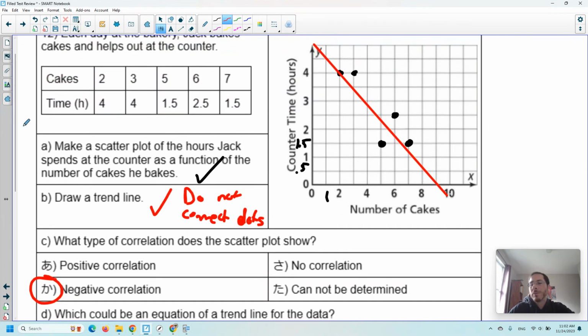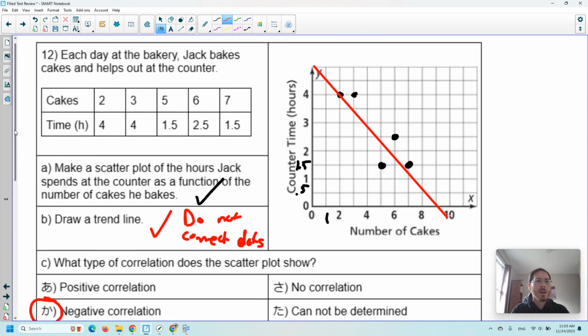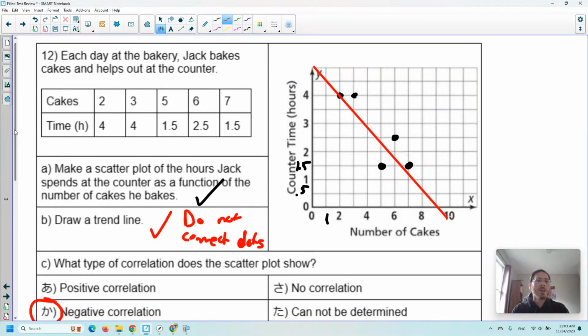This is where you could kind of make a guess. It looks like we're going down 1 over 1, which would be about 0.5, but it also doesn't look exactly like that. And depending on how I draw my trend line, I could have made my line a little bit steeper. So I'm not very confident to answer part D without actually figuring it out, because a lot of those choices are just too similar.